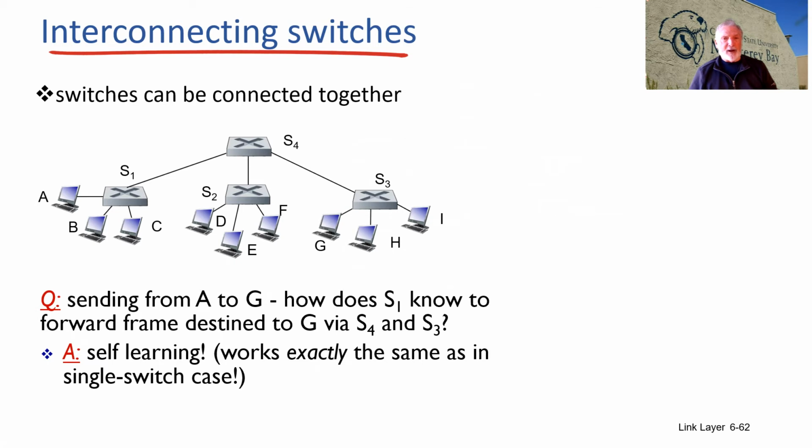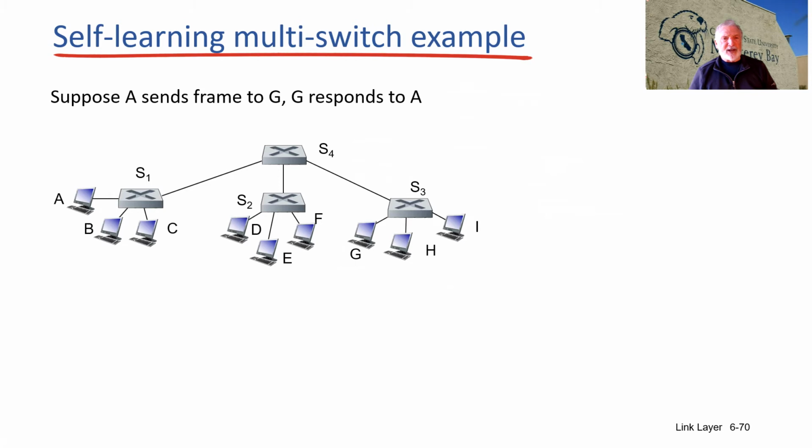In this diagram, suppose that device A sends a frame to device G. Suppose that device G's MAC address is not in any of the switch tables, and device A's MAC address is only in the switch 1 table. Then switch 1 will flood this frame out all of its other ports.